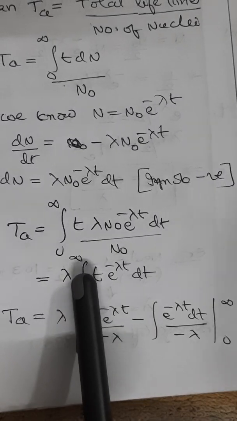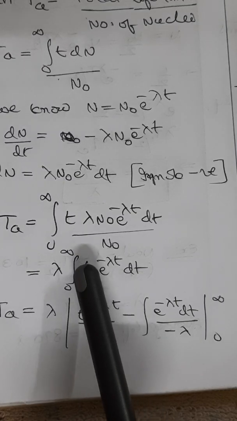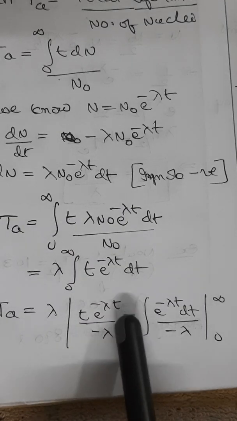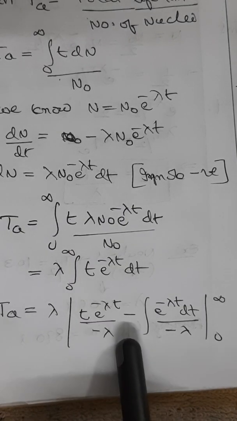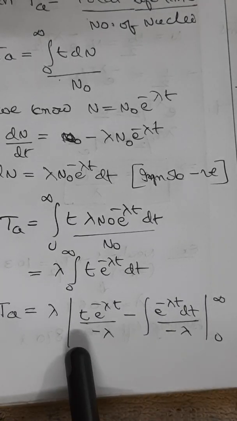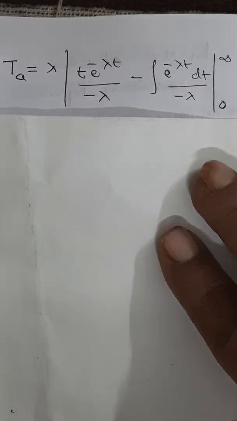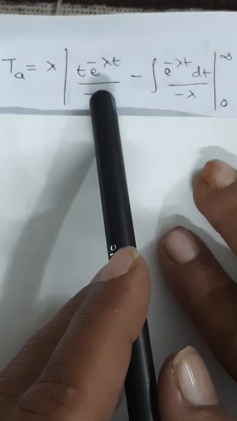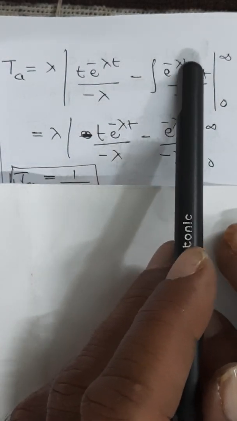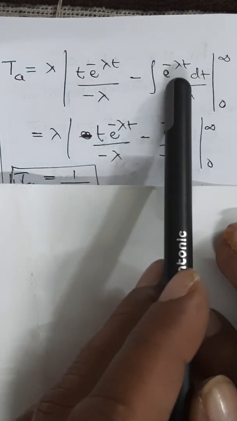Now you can write this as a definite integral within the limits, like integration by parts, a into b. Therefore this becomes t into e power minus lambda t by minus lambda, minus the integral of the other term between the limits. When you simplify the definite integral, the first term vanishes at the limits, and the second term becomes integral e power minus lambda t dt, with a factor of 1 by lambda again, so it becomes lambda square.